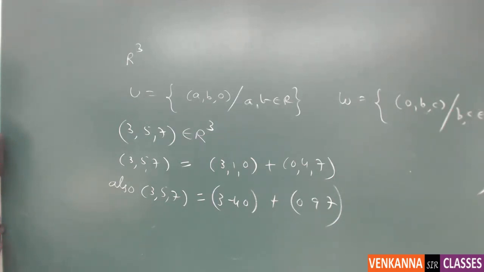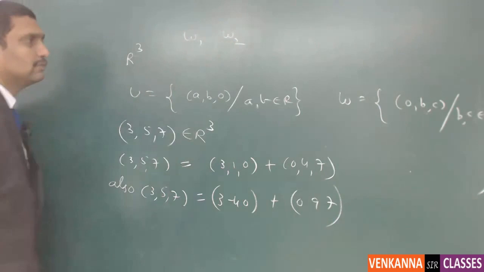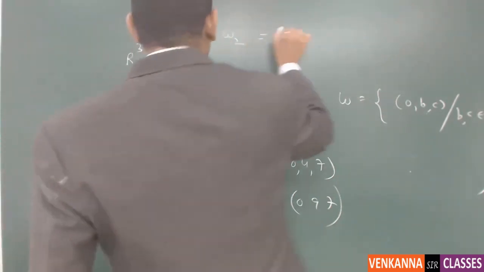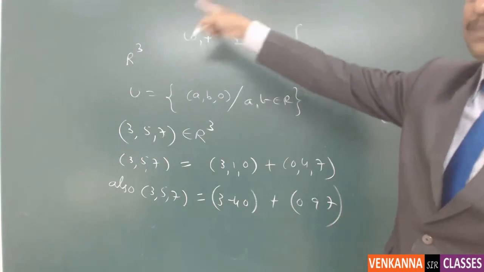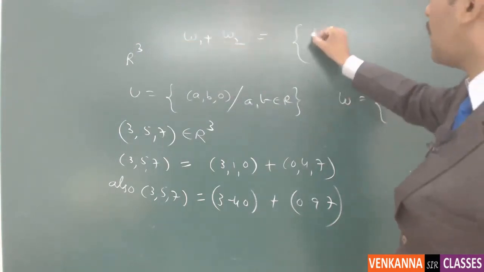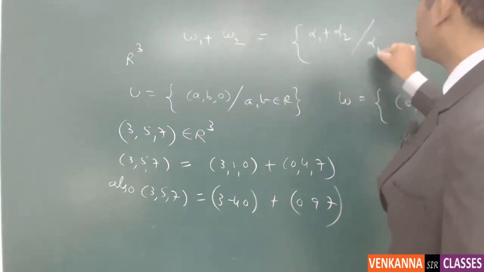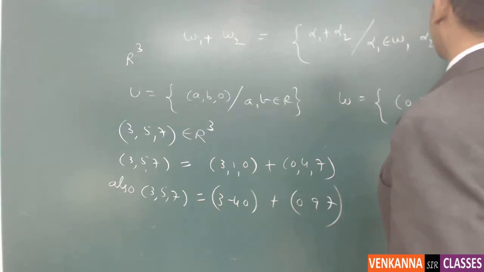In the previous class, we have discussed that whenever two subspaces are given, W1 and W2, we define their sum W1 plus W2 as every vector in this vector space of the form sum of two values, where one value belongs to the first set and the other value belongs to the second set.